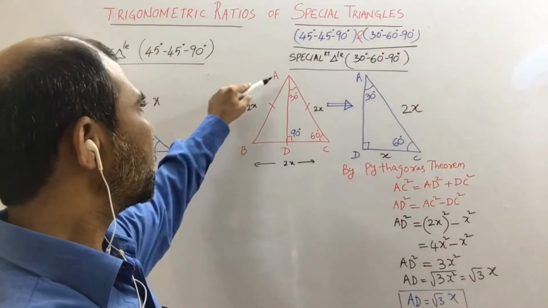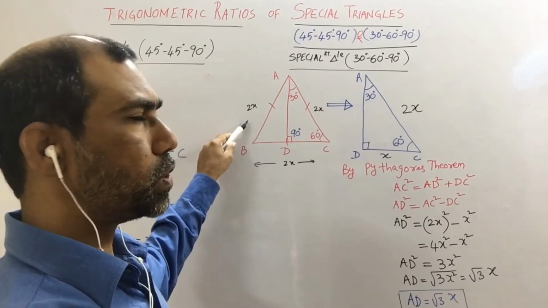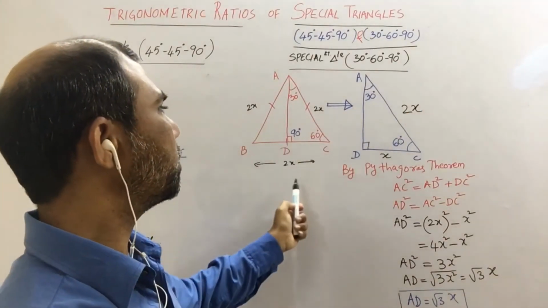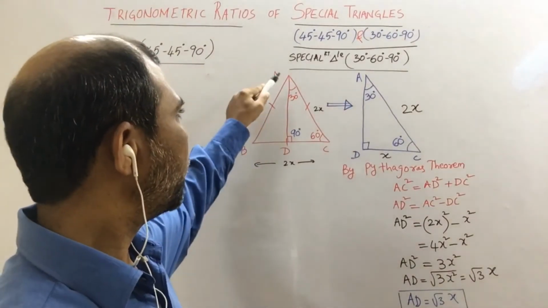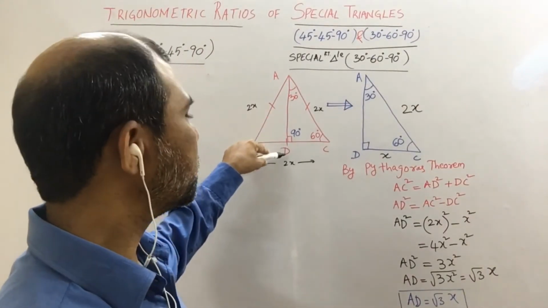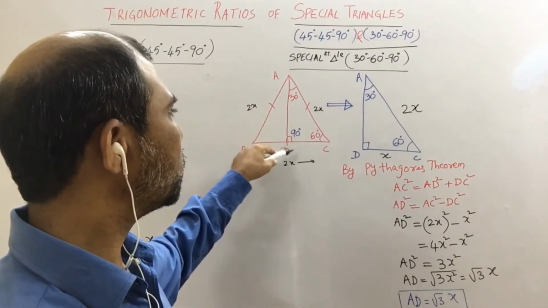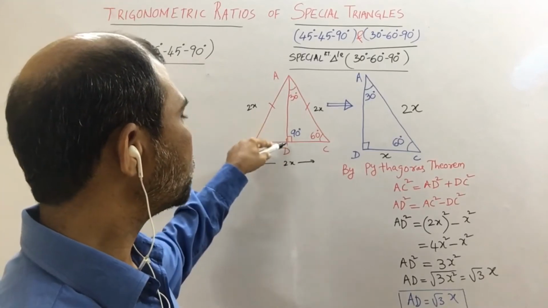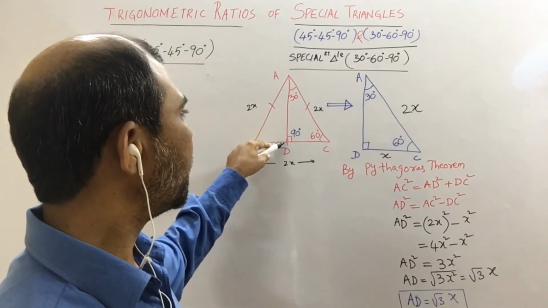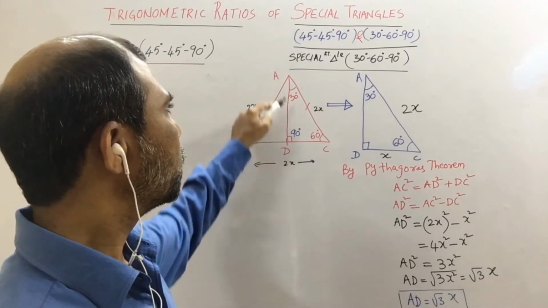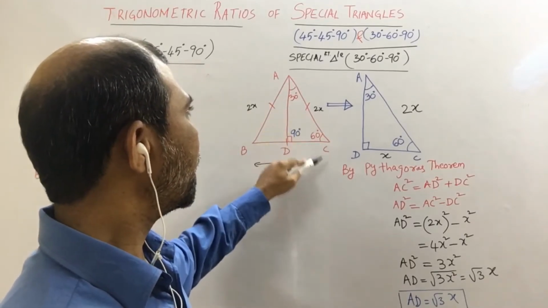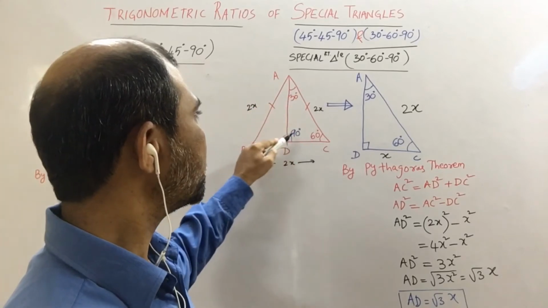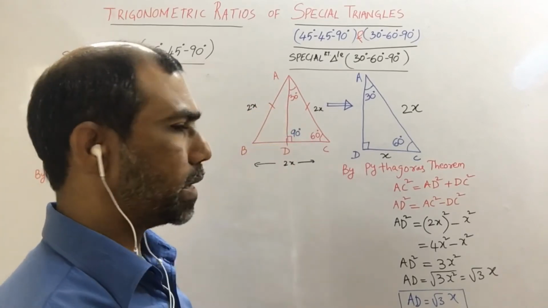Suppose a side has 2x units, then half of that will be x units, and when it divides BC into two equal parts, it is also making a right angle at D. That means we are getting triangle ADC as a 30 degrees, 60 degrees and 90 degrees triangle.